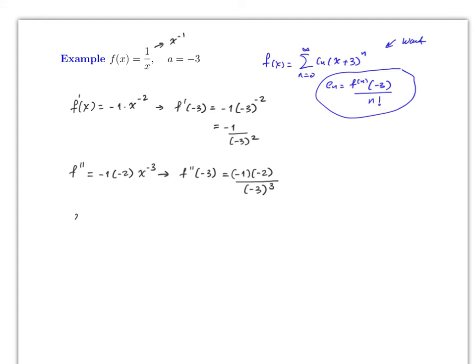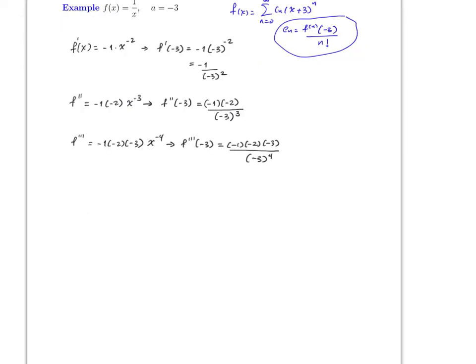You usually have to do at least 3 or 4 before you can see the pattern. F triple prime will be minus 1, minus 2, minus 3, x to the negative 4, and from here the third derivative evaluated at minus 3 is minus 1, minus 2, minus 3, divided by negative 3 to the 4th power.